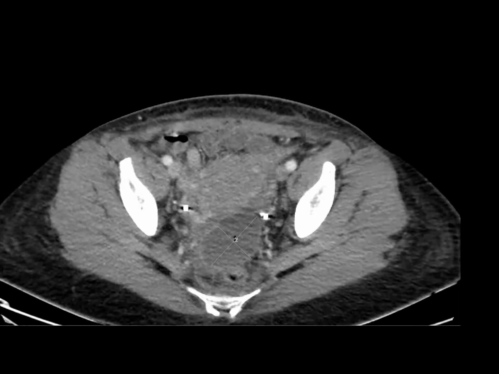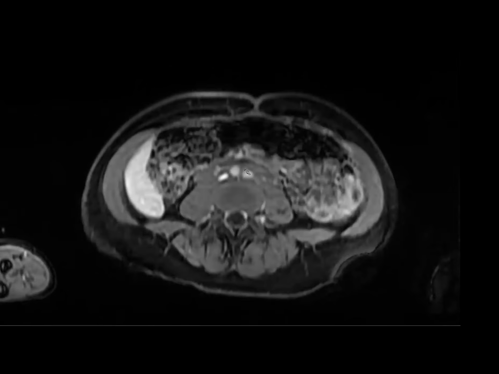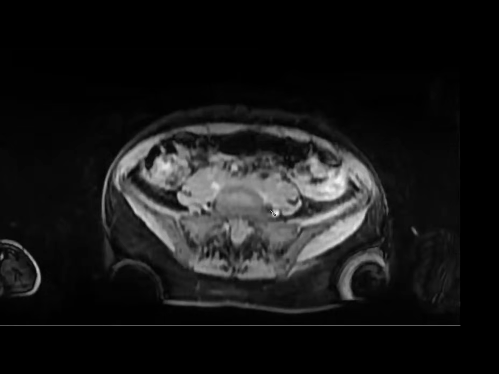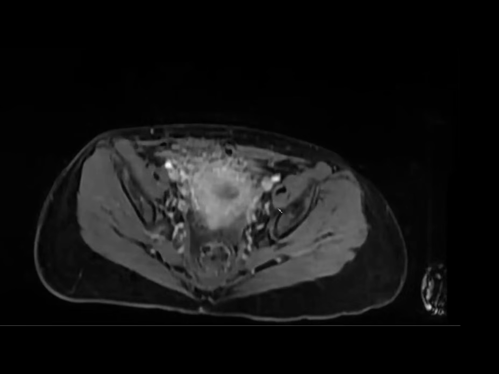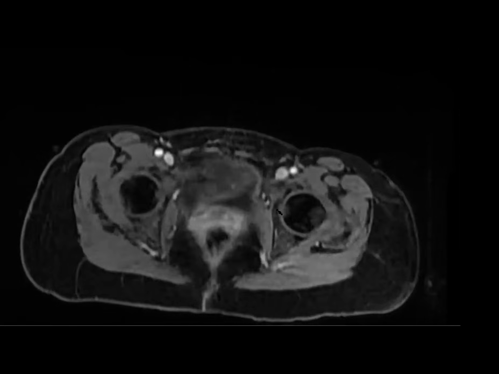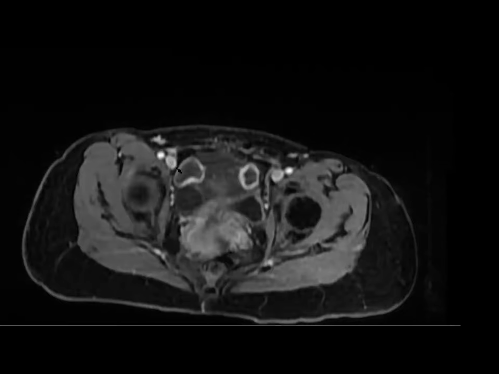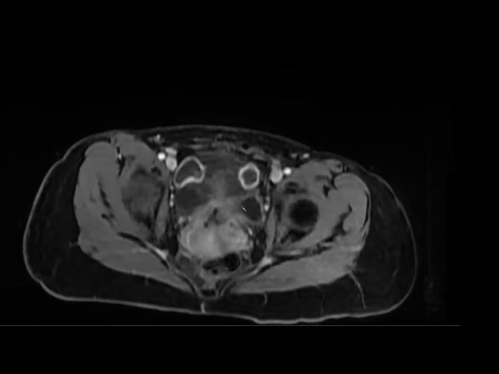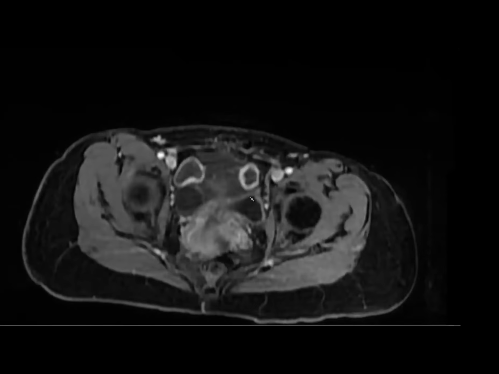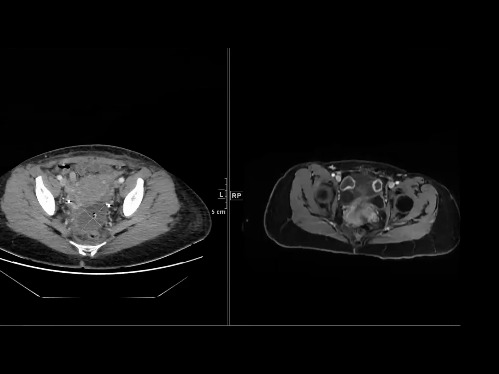Another interesting thing about this patient is they came back for an MRI, and we can see the retroperitoneal fibrosis here, but they were also having pelvic pain. And this is their ovary. This is the uterus. So you can see the ovary looks enlarged. There was some enhancement around these follicles.